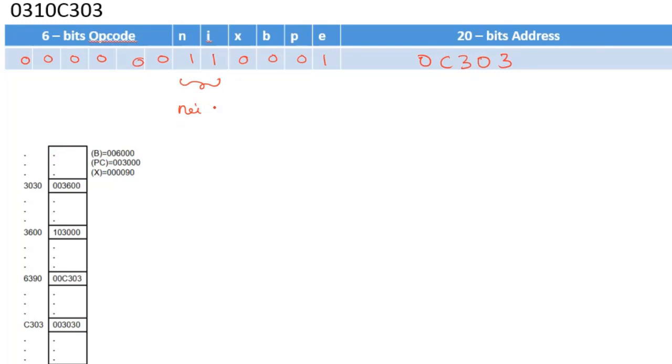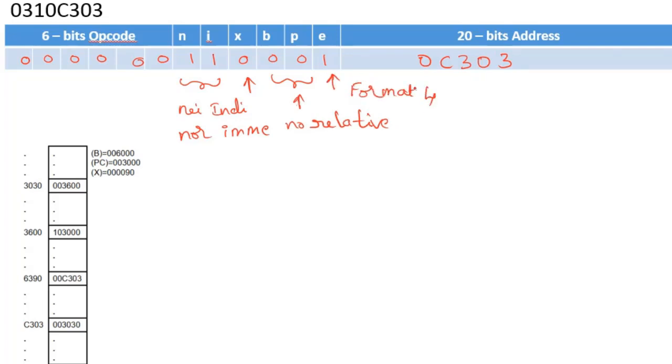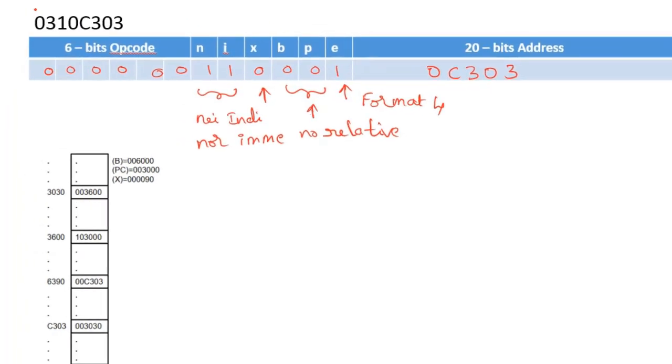That means it is neither indirect nor immediate. X0, no indexing. BP0, no relative addressing. We don't have to compute any relative address. E is equal to 1, format 4. Obviously it is format 4. By looking at this object code only, we can tell that this is format 4, right?